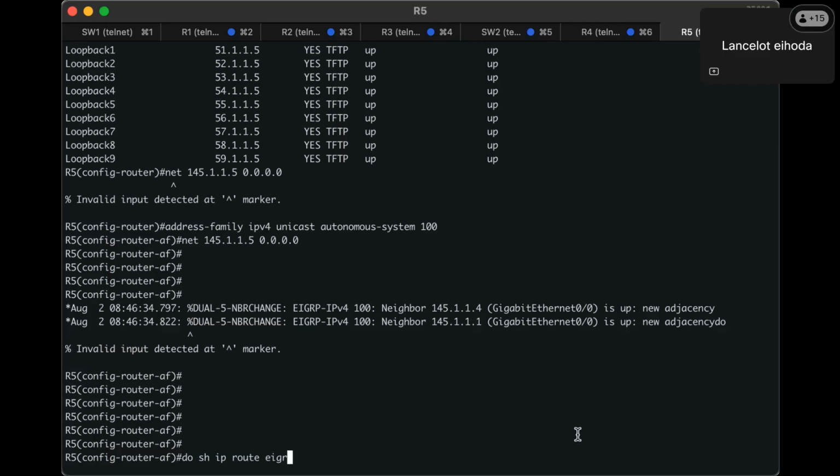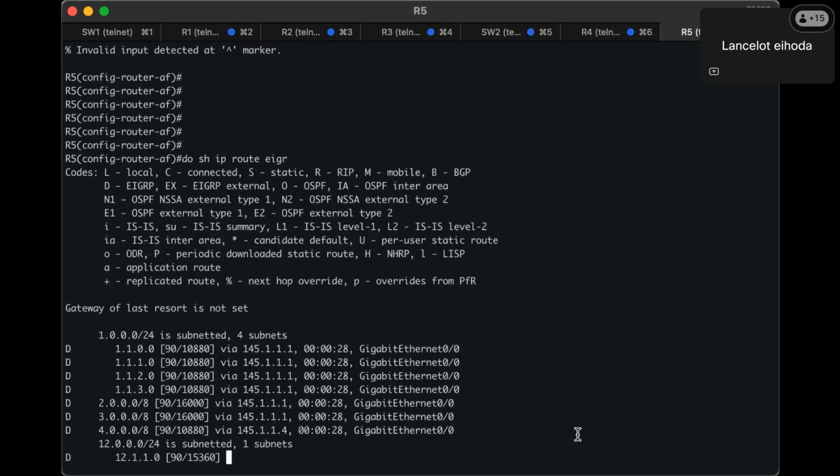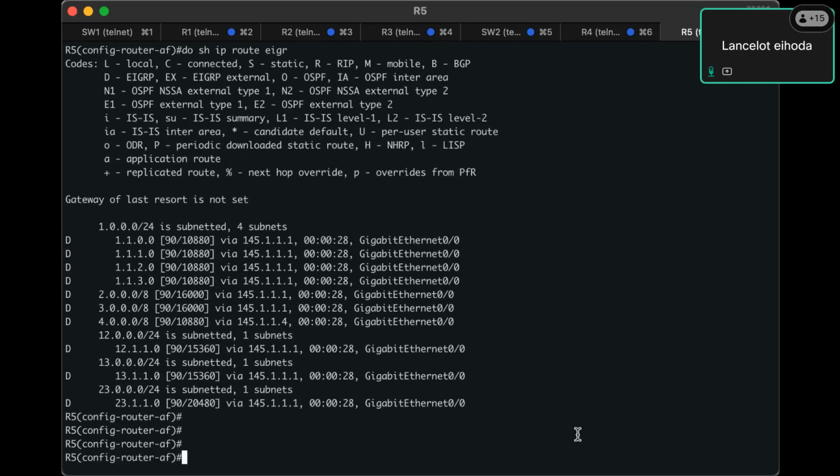So we have all the EIGRP routes coming up, and then I think we should be fine for that. But then part of that task says that routers 1, 4, and 5 should use unicast to establish their adjacency.